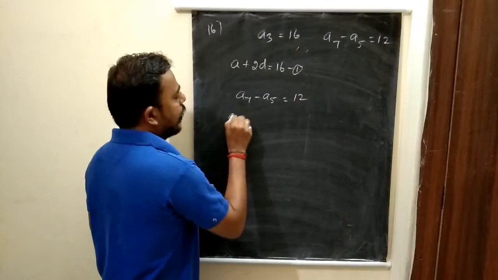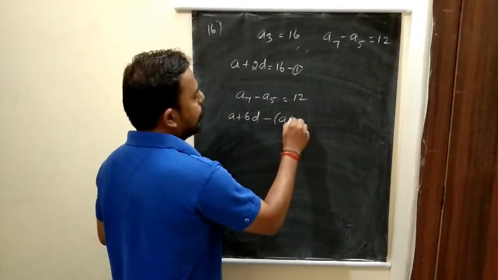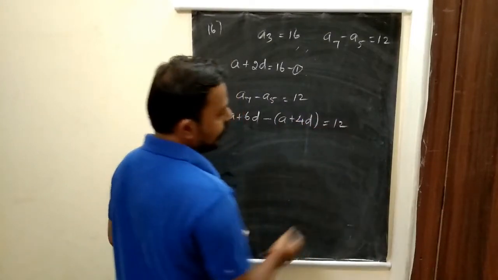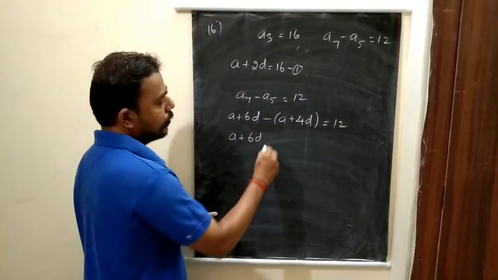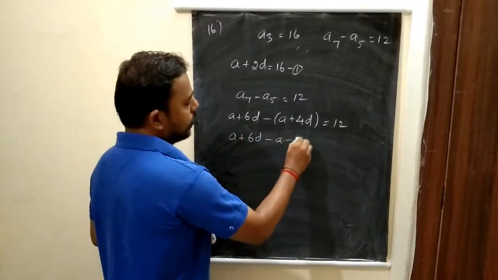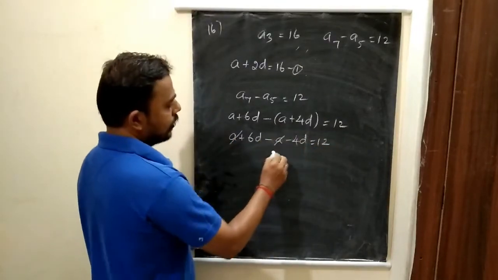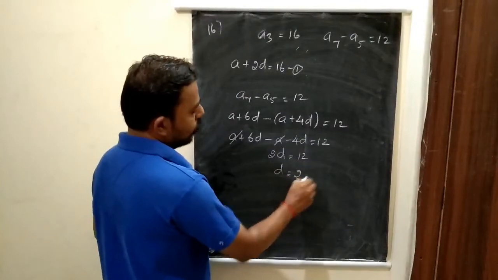That is A plus 6D minus of A plus 4D equal to 12. So A plus 6D minus A minus 4D equal to 12. A we can cancel. So 2D equal to 12. So D equal to 2.